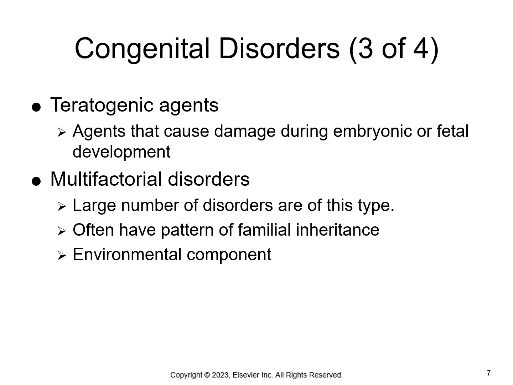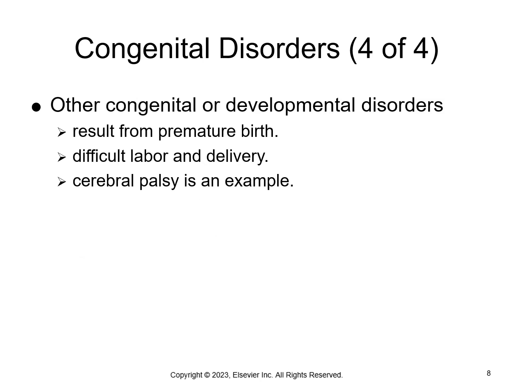There could also be some sort of environmental component, but multifactorial really just means multiple factors, right? So there's more than one factor that plays a part in this type of disorder. Some other congenital or developmental disorders result from premature birth or difficult labor and delivery, like cerebral palsy.